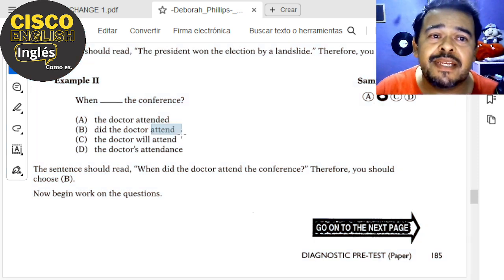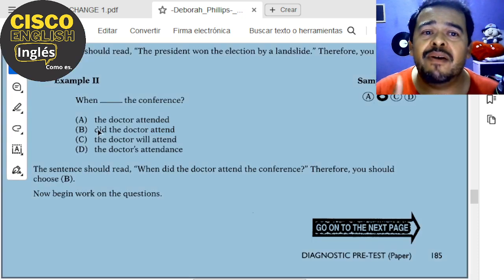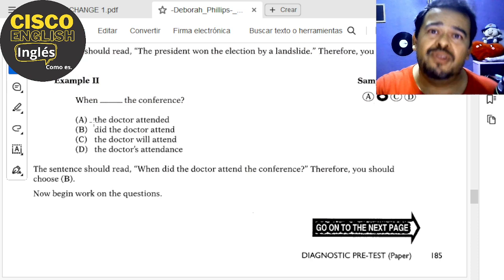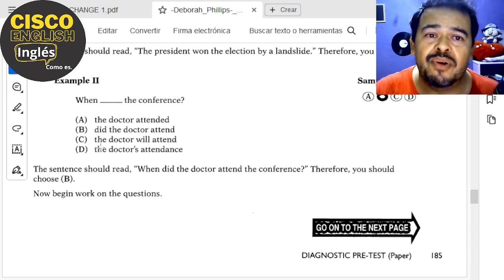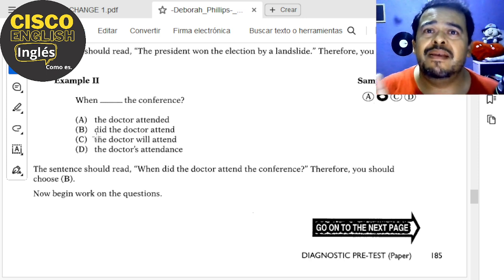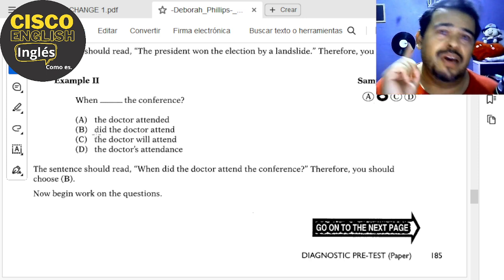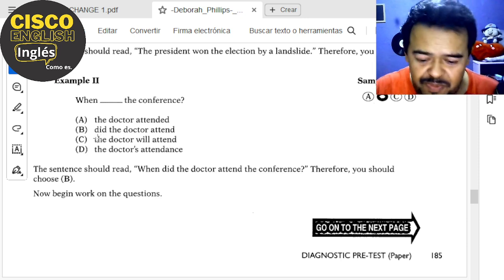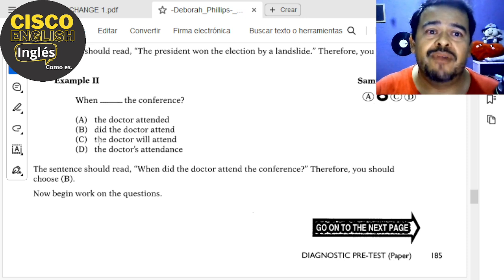This is important because when we have an auxiliary in the sentence, the verb is affected by not changing the form. So maybe letter B, maybe, but remember I said you have to go over the other choices as well to make sure you're picking the right option for your answer.